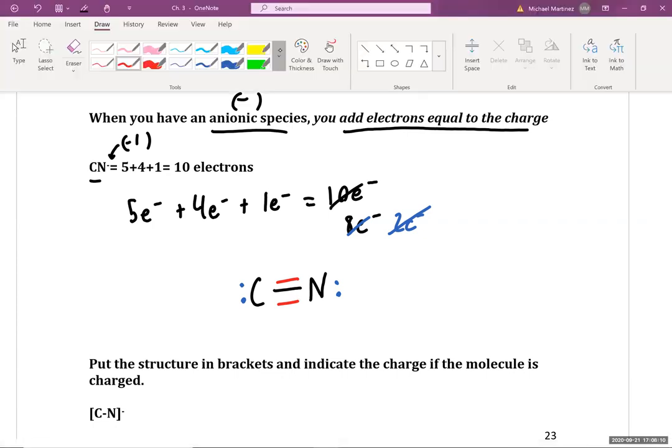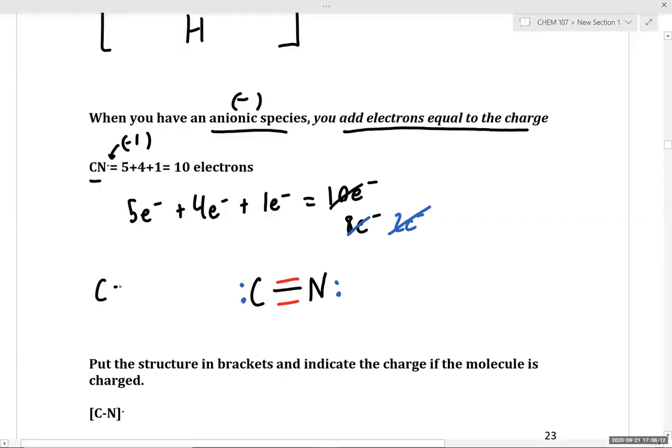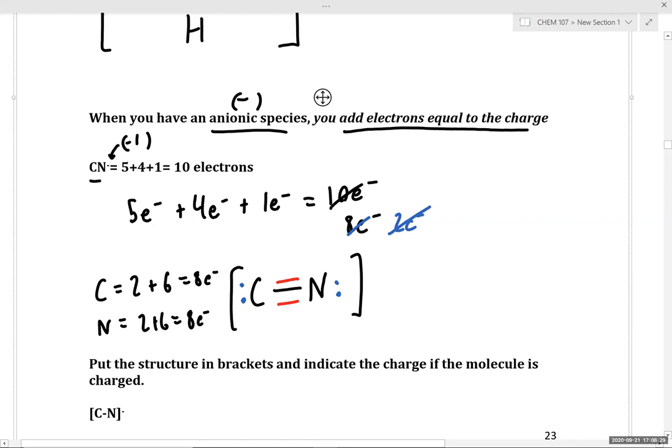Now, as we can see, carbon has a complete octet because it has 2 plus 6, so 8 electrons total, and nitrogen has a complete octet because it has 2 plus 6, or 8 electrons total. Now, keep in mind the cyanide anion is a charged species, so just like our cation, we put our structure in brackets, and we put the charge in the upper right-hand corner.